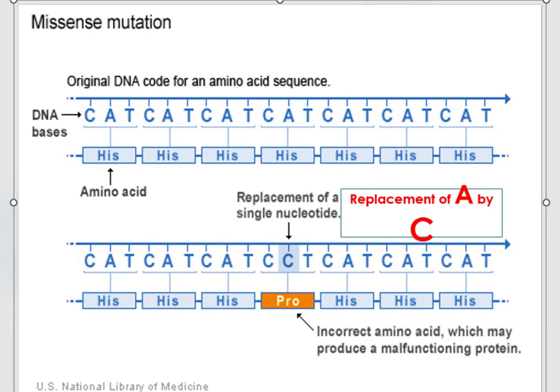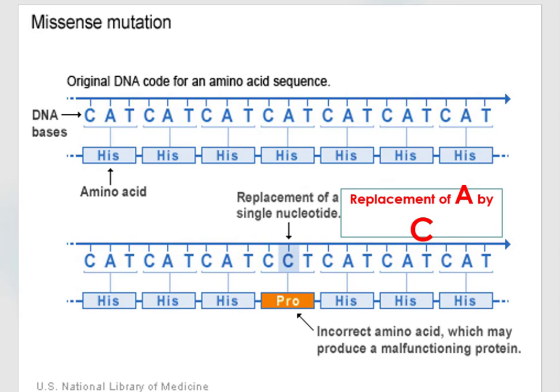Missense substitution mutation is the second way of substitution mutation in which replacement of a base or single nucleotide results in incorrect amino acid in amino acid sequences of a protein. This results in malfunctioning protein or completely different protein.